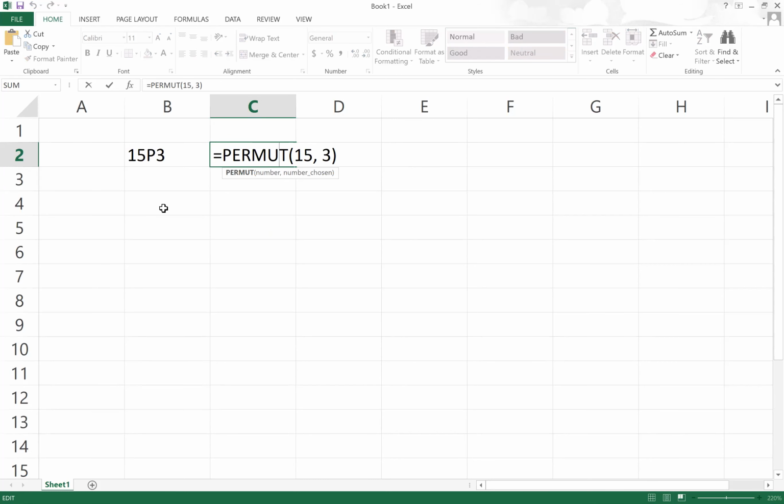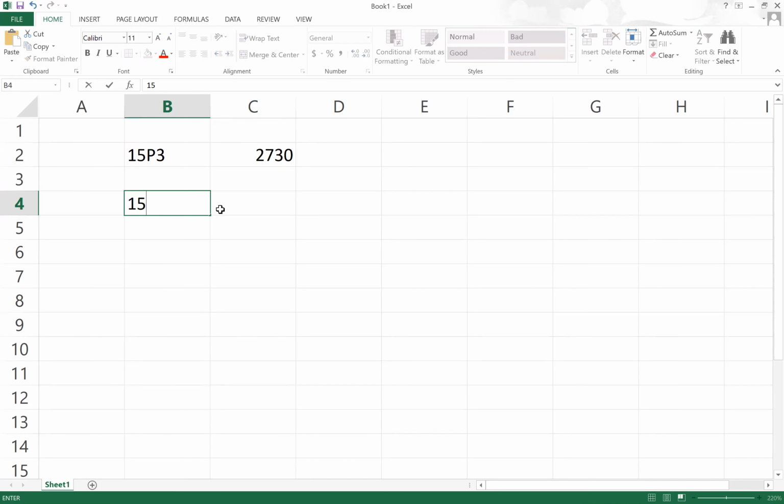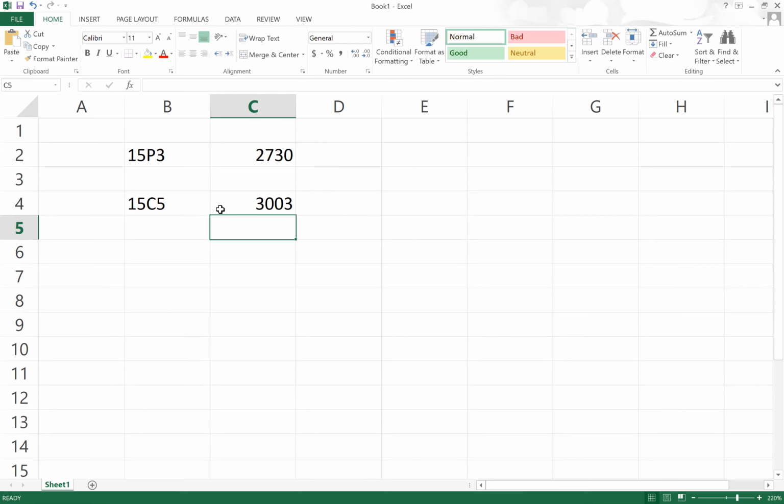That's it. And then we also have 15C5. So combination. So COMBIN, parentheses, we have 15 numbers, picking 5. And one more time, you get 3003, right? So either way, if you prefer to use Excel, no problem, go ahead. Use Excel. It's so much quicker.